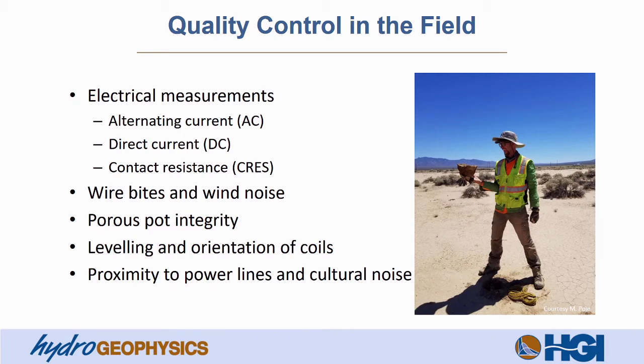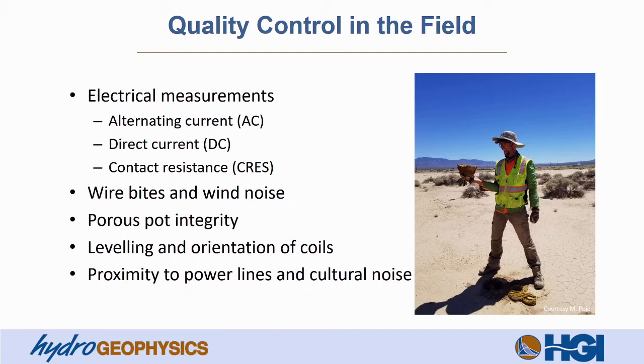Hydrogeophysics is diligent about quality control checks on AMT equipment in the field. The following are prioritized: alternating current as a measurement of cultural noise influence, and best seen on the magnetic coils; direct current, which is a measure of the potential difference in electrodes and their integrity; and contact resistance with the ground.